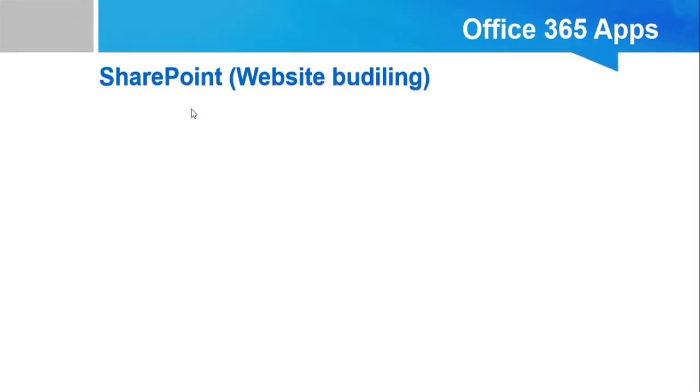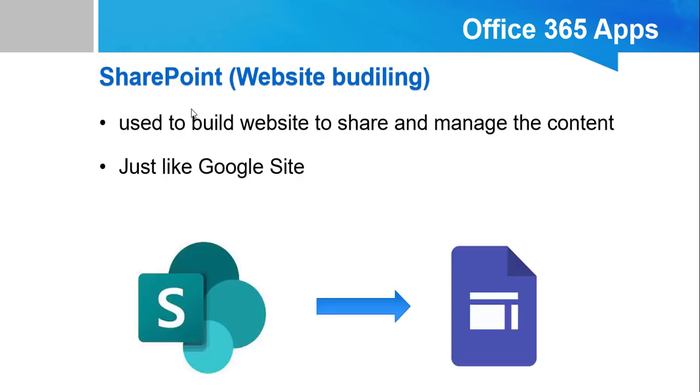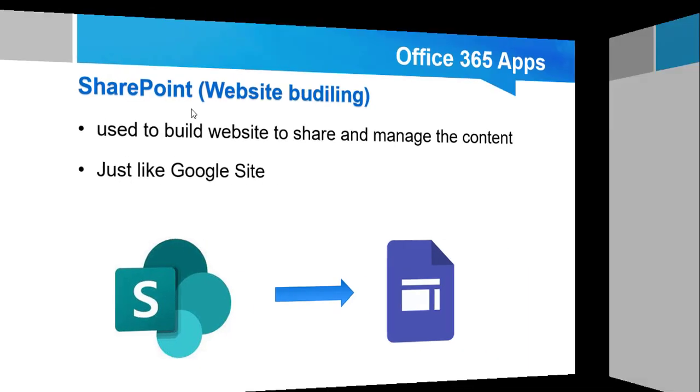After that, SharePoint is actually Microsoft website builder that is used to build websites to share and manage content of any company, institute, just like we create a site in Google Sites. So SharePoint is a website builder.